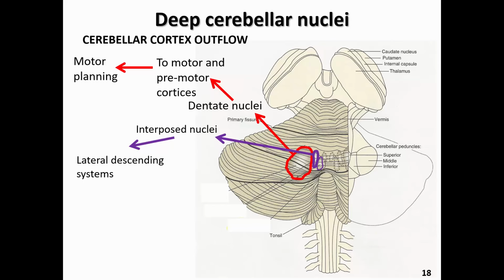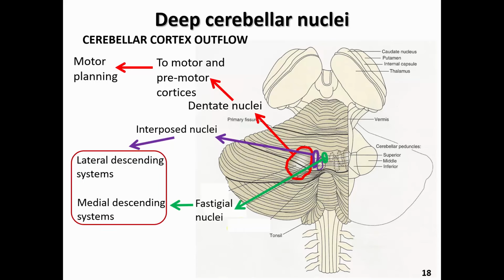So a lateral descending system are axons that will travel inferior along the spinal cord, but will affect motor neurons that are more laterally located within the gray matter of the ventral horns. The most interior part here in green is a cluster of neurons referred to as the fastigial nuclei, and these ones will impact the medial descending systems.